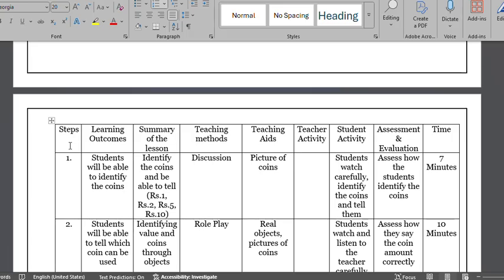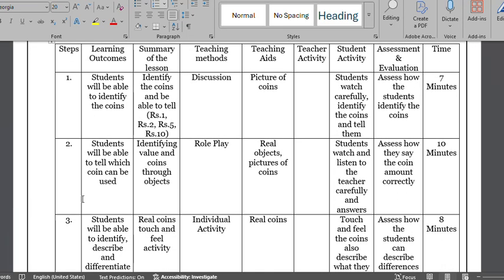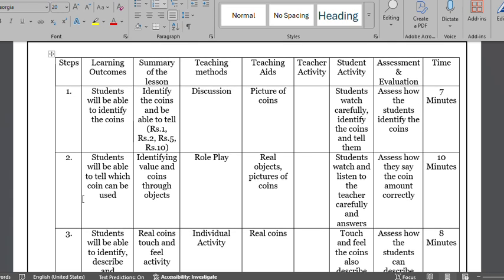You want to mention the steps, learning outcomes, summary of the lesson, teaching methods, teaching aids, teachers' activity, students' activity, assessment and evaluation, and the time. The master teachers expect at least more than 3 steps in a lesson.